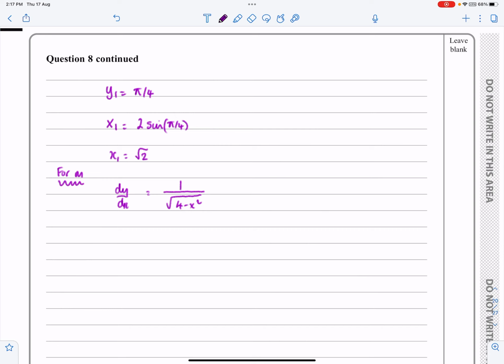So that's going to be 1 over the square root of 4 minus, I'm going to put root 2 squared here. I wouldn't normally do that, but it's just making it clear what I'm doing. That's just 2, isn't it? So it's 1 over root 2, and we don't leave it as 1 over root 2. We write that as root 2 over 2.